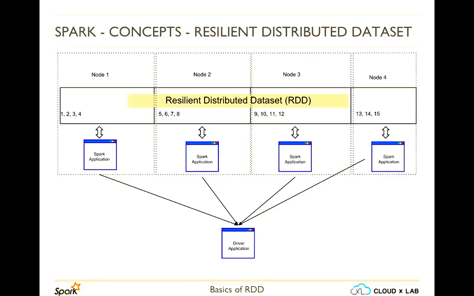One, we can specify by ourselves that we want this many partitions. Second, if we are reading the data from HDFS, then the number of partitions is generally equal to the number of blocks. Third, if we are loading data in memory, the default number of partitions is equal to the number of CPU cores available.